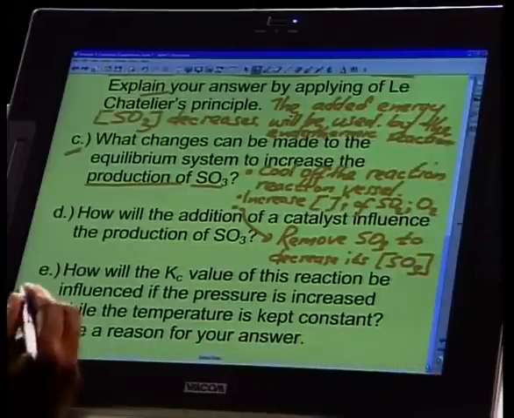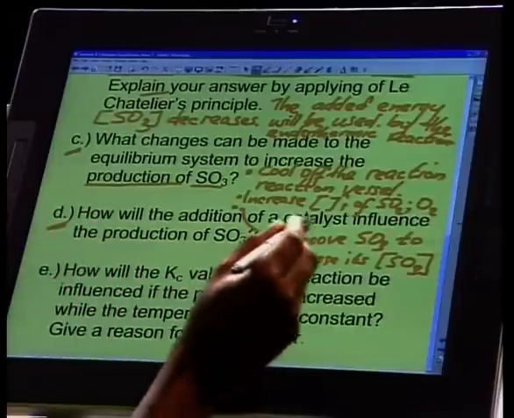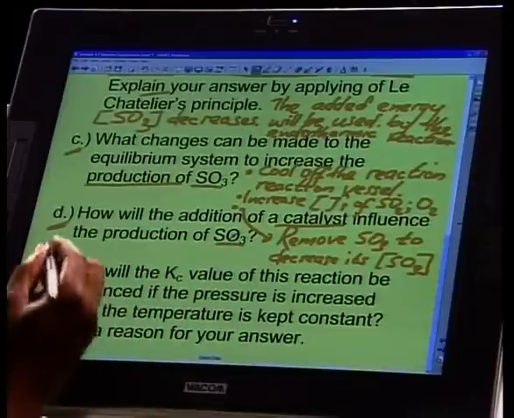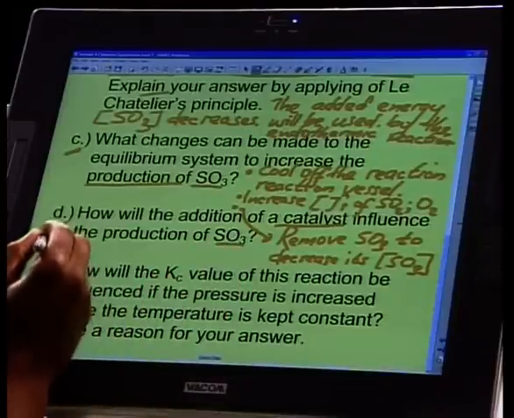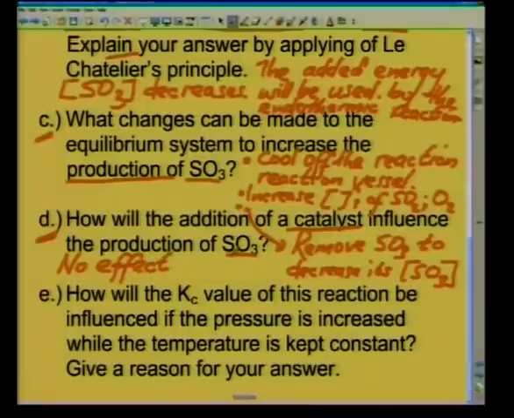Then lastly, not necessarily lastly, number D, how will the addition of a catalyst influence the production of SO3? Definitely, like I said, the catalyst does not affect the state of equilibrium. So there will be no effect here in terms of the production. No effect.